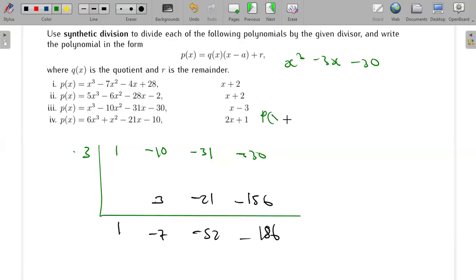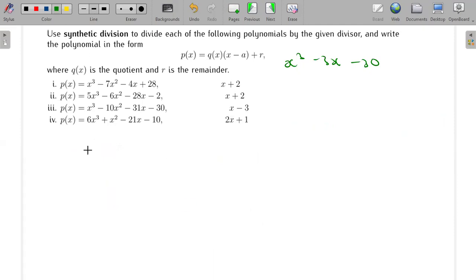P of x is equal to your quotient, which is x to the power 2 minus 7x minus 52, and then you have your divisor, which is x minus 3, and then plus your remainder, which is negative 186. Okay, nice.